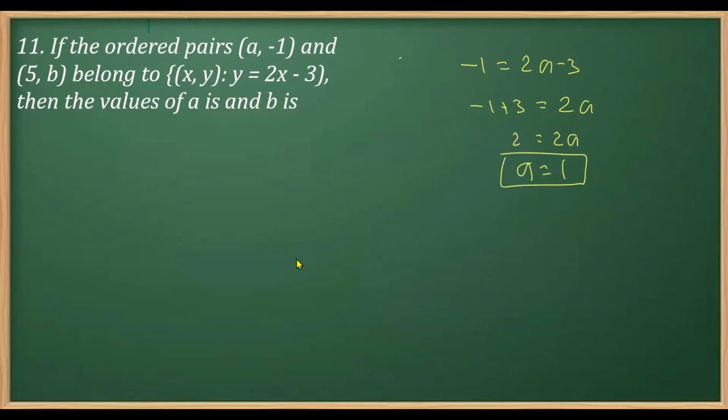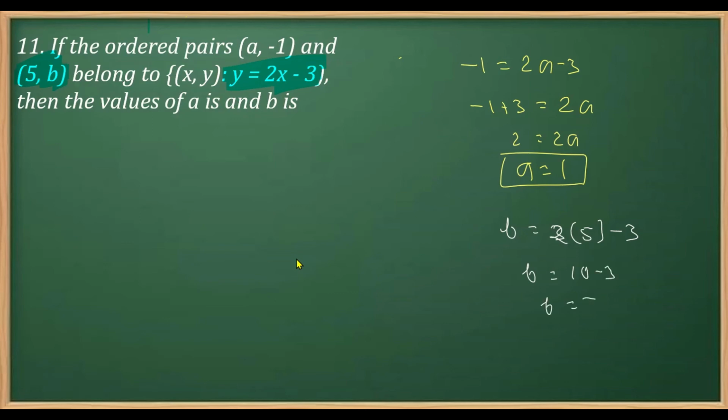Now in the next part, we replace x and y with 5 and b. So y is replaced with b, and x is replaced with 5 in the ordered pair. So y is equal to 2 times x minus 3, so b is equal to 2 into 5, that is 10 minus 3.